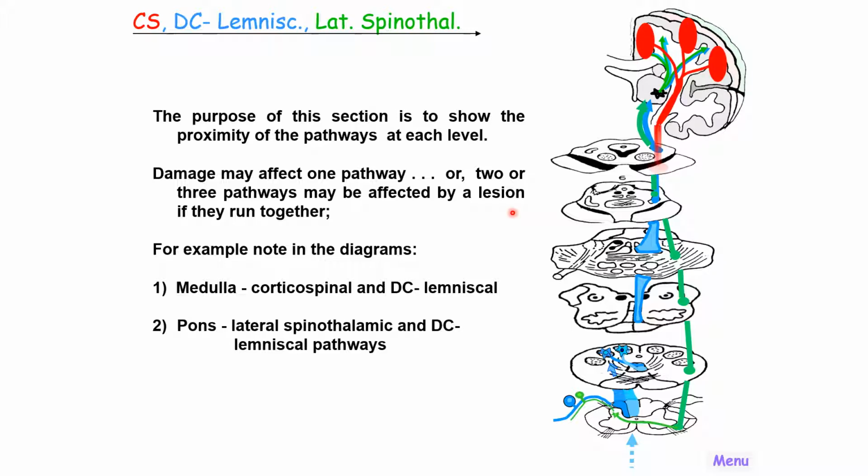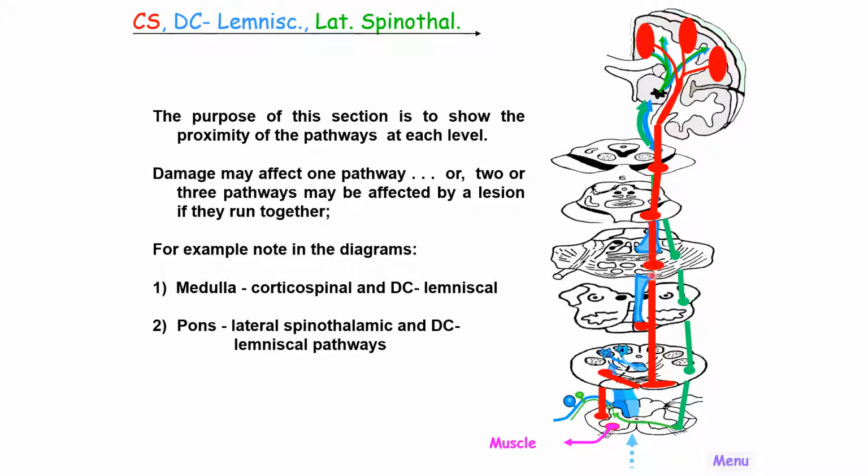As you might expect, damage may affect only one pathway, or two, or all three may be affected, particularly if they run together. And as we can see, the dorsal column lemniscal pathway is represented here in blue, the spinothalamic pathway in green, and the corticospinal pathway in red.